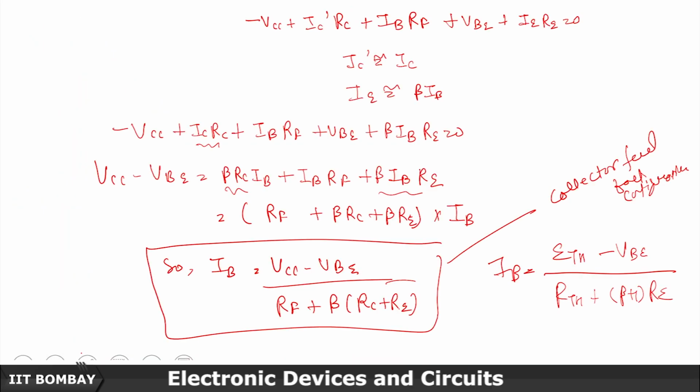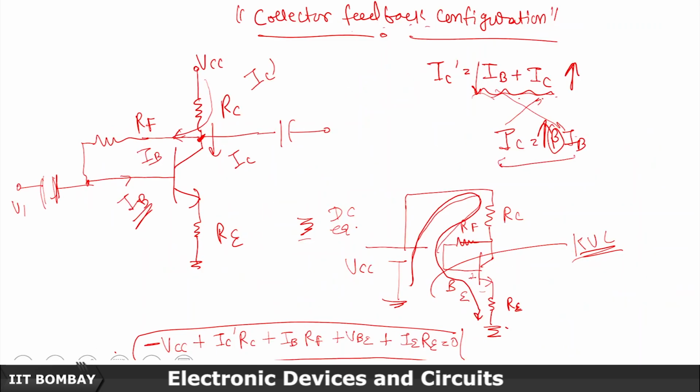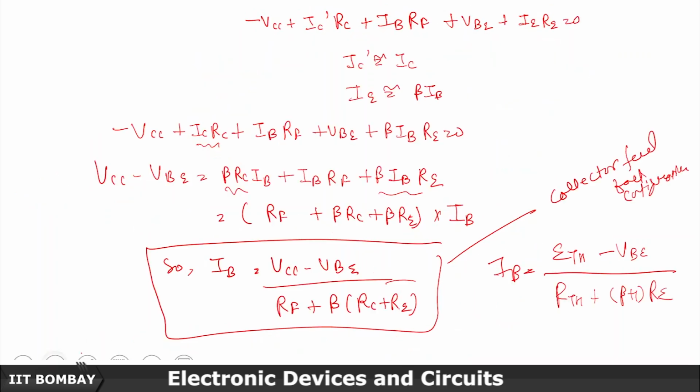But the difference between emitter bias and this collector feedback or voltage divider bias configuration is of this arrangement, this equation, which keeps them in control. That's the basic advantage here. That's why collector feedback and the voltage divider bias are more useful.